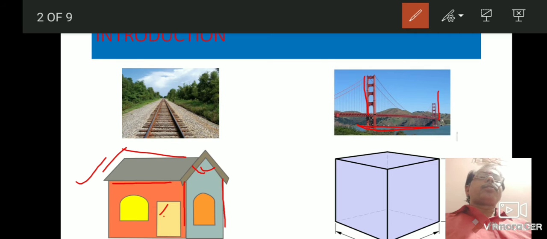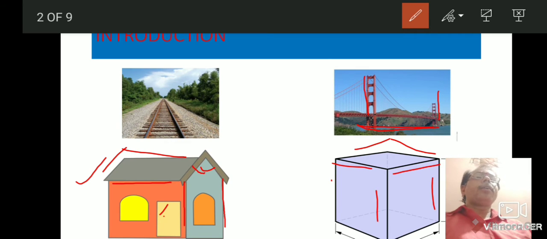That's why the architects or engineers, before constructing a building or a house, have to draw a model on paper. Like this. And next, in this cube also we have edges, and these edges are just like line segments, and we have corners also. These corners also seem to be angles.